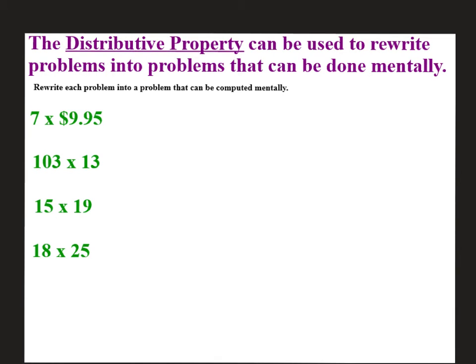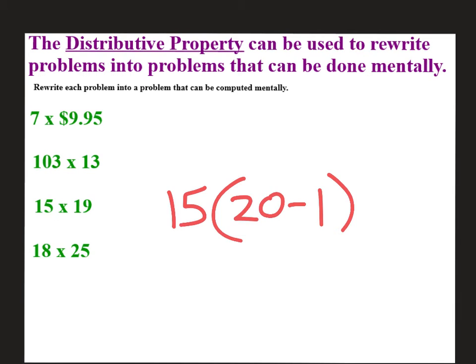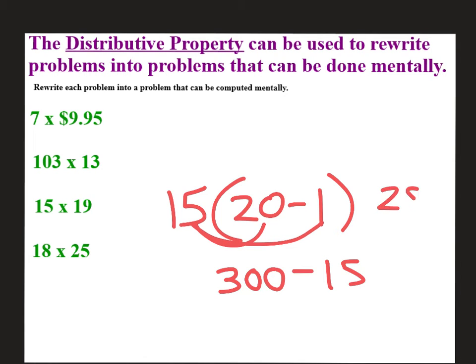Like on this next one, I would probably rewrite 19 to be 20 minus 1, and then I would take it times 15. 15 times 20 is 300. 15 times 1 is 15. And then I'm just subtracting 300 minus 15, which is 285.